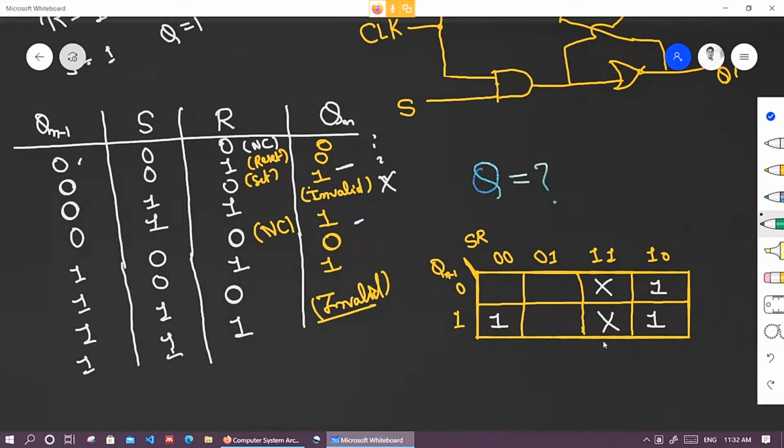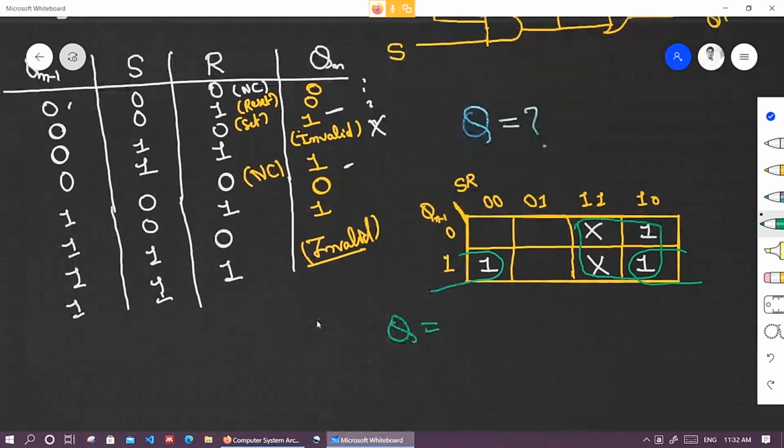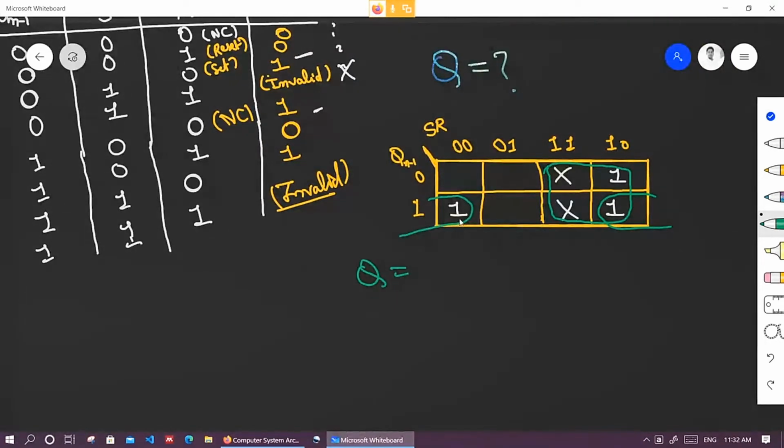Now we will try to minimize it. For minimization, we try to cover these two crosses also to get a more simplified equation. This is selected. Now we are left with 1. So this one can be grouped with this one. So the equation for Q will become, and then R is also going out of the picture.